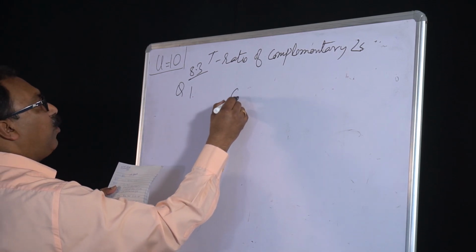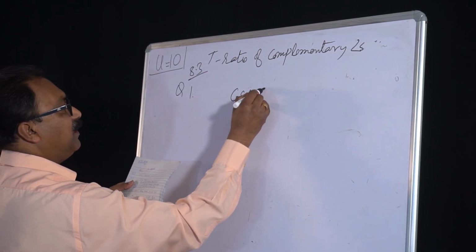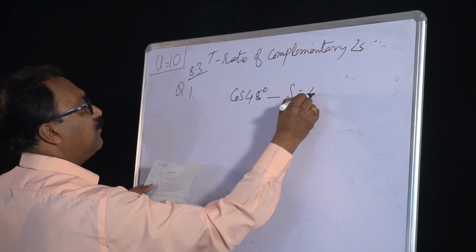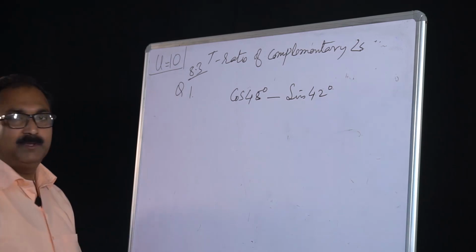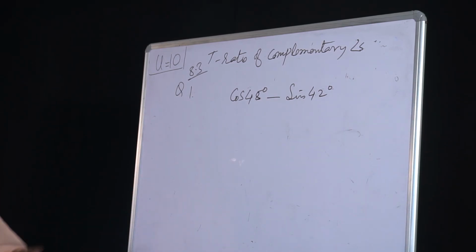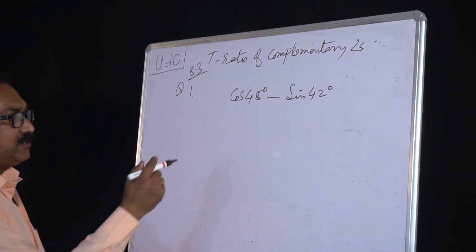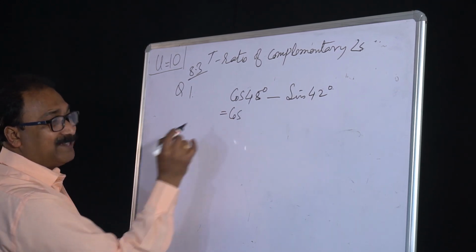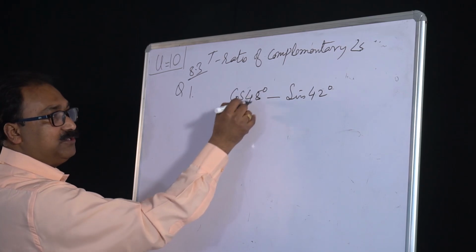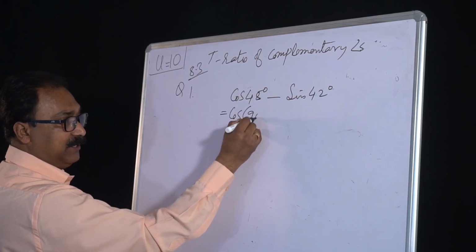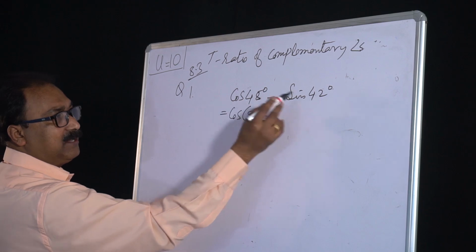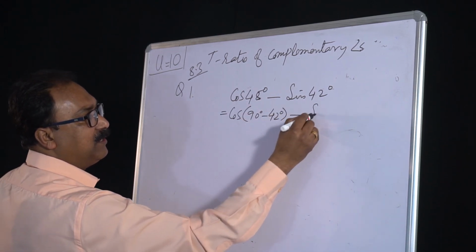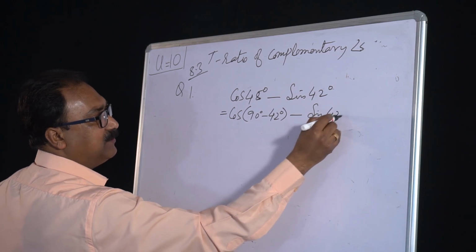One question is cos 48 degrees minus sin 42 degrees. As I told you before, any one has to be changed with respect to 90. It's complementary. So if I keep cos as it is, then I should not keep this. We have to change with respect to 90. So 90 degrees minus 42, the source is there in the question, and minus sin 42 kept as it is.